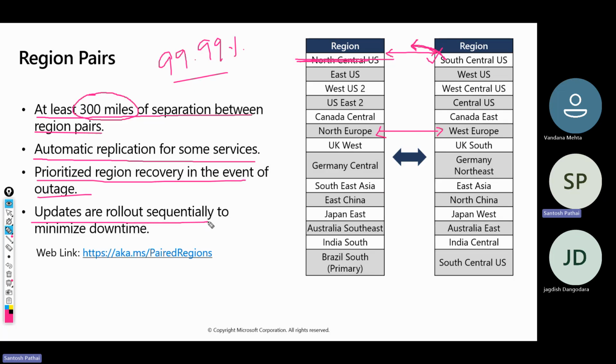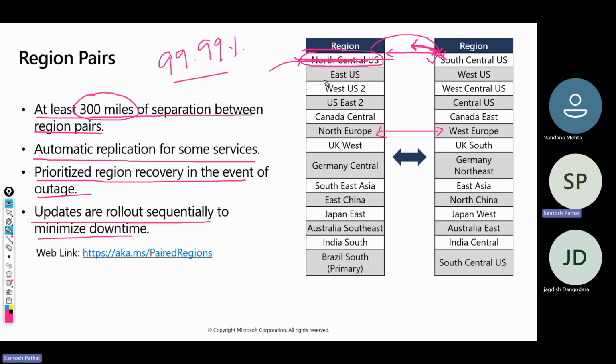Now, updates are rolled out sequentially to minimize the downtime. So what happens when there is an update on this data center? The services will be switched over to the other data center because of any downtime in the underlying physical hardware. Let's say there is a requirement to change the servers. There are 2,000 servers in that data center in the Central India region, in Pune region. Among those 2,000 servers, 200 physical boxes should be replaced because they are end of support.